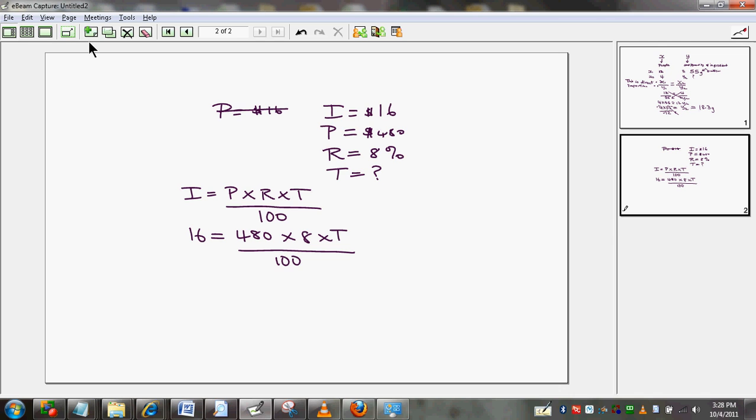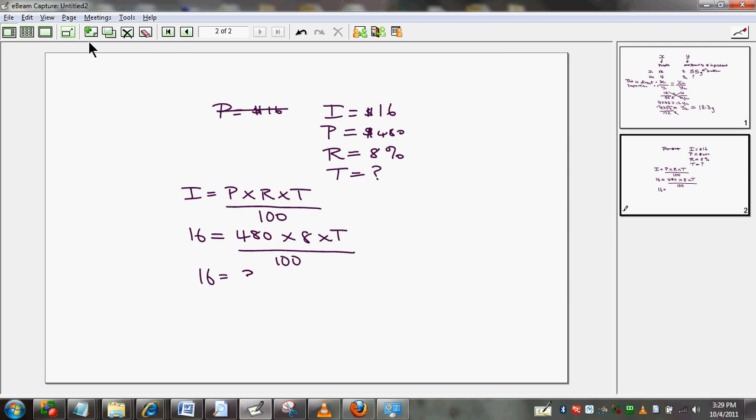T is the unknown. So 16 will be equal to 480 by 8 divided by 100. What does that work out to be? $38.4.